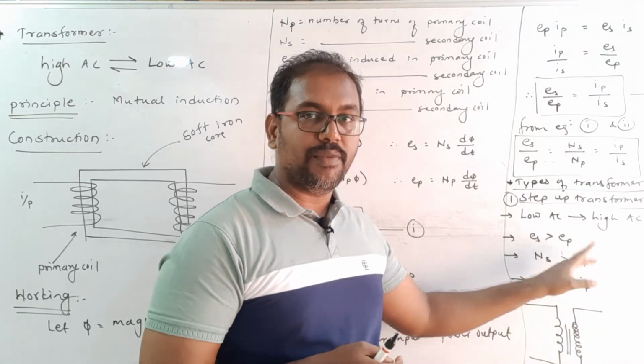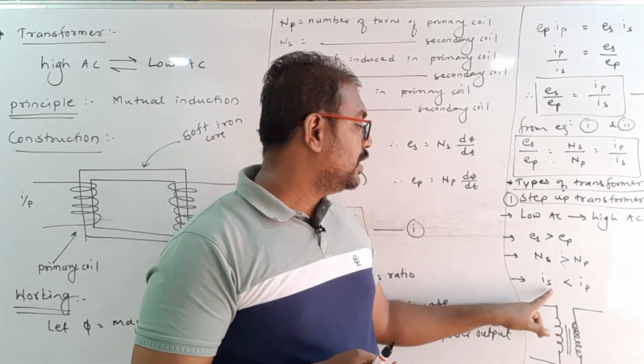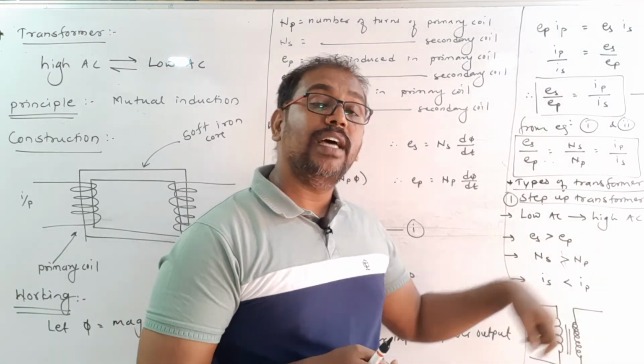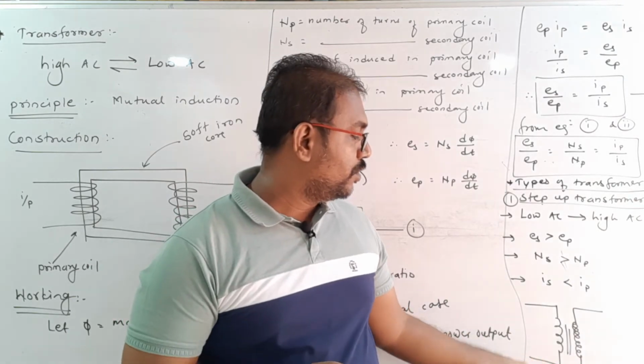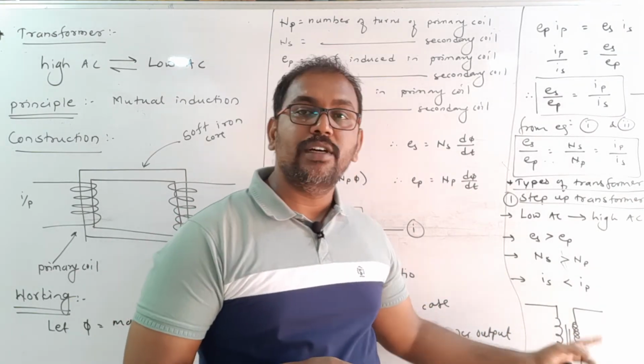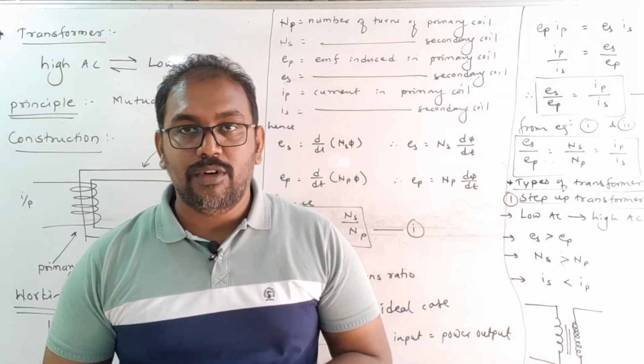Then the current of the secondary is greater than the current of the primary. And for the symbol, you can show a larger number of turns on the primary and fewer turns on the secondary. Then we get the symbol of the step down transformer.